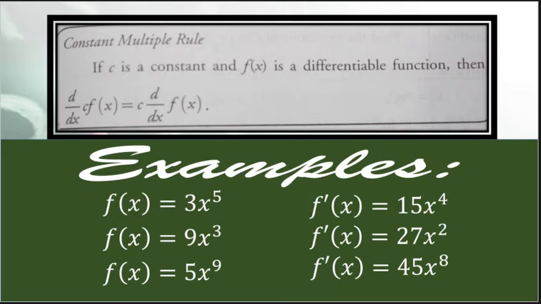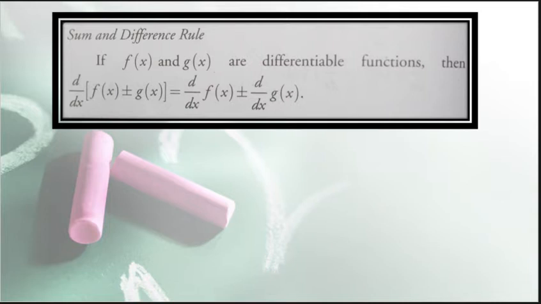Now let's proceed to the fifth rule. The fifth rule is called the sum and difference rule. According to the rule, if your f of x and g of x are differentiable functions, when we say differentiable functions, these are functions whose derivatives exist, then the derivative of your f of x plus or minus your g of x is equal to the derivative of your f of x plus or minus the derivative of your g of x.